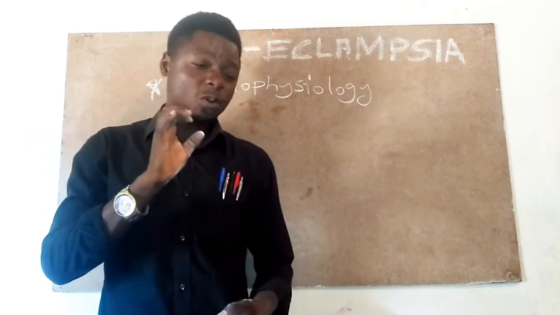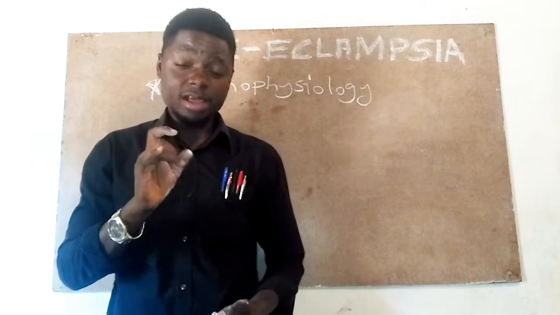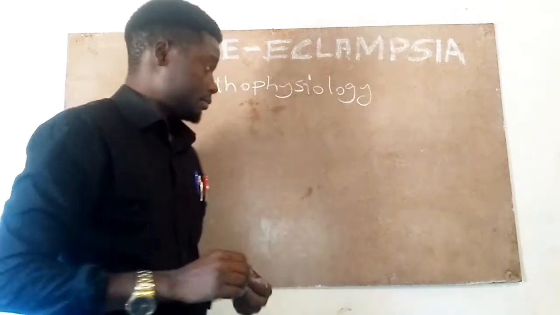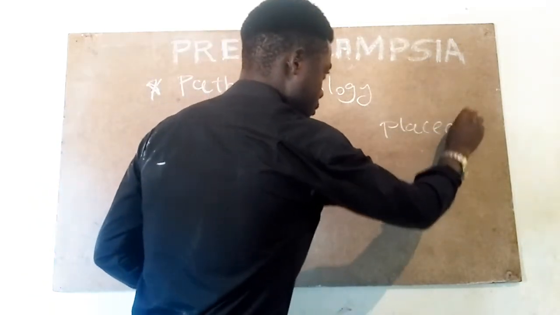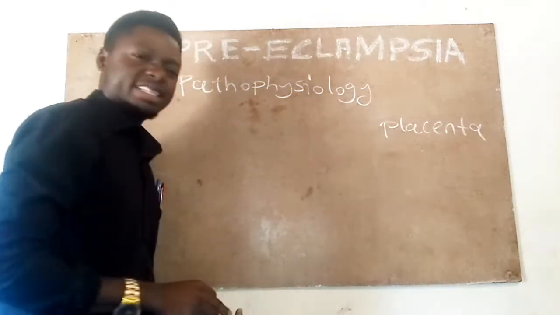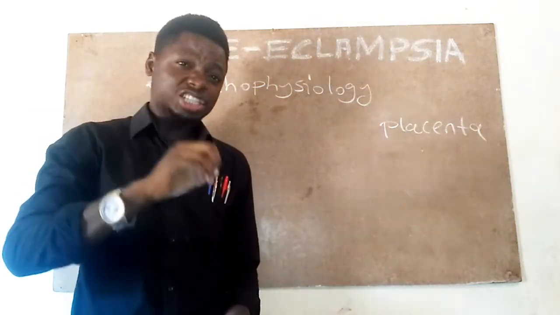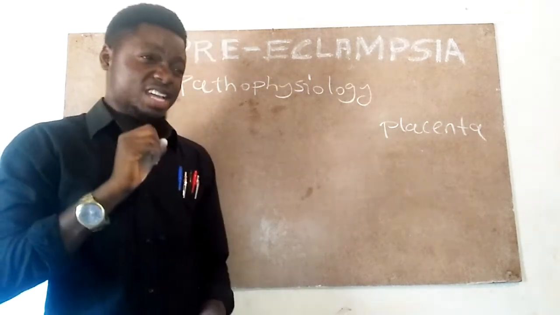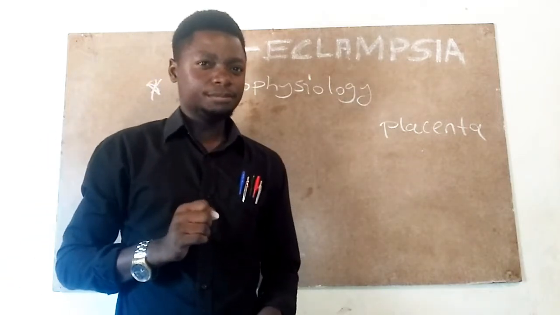But there are some basic key components that we need to look out for when dealing with the pathophysiology. And that is the placenta. The faults are due to placental development and implantation. How does this come about?